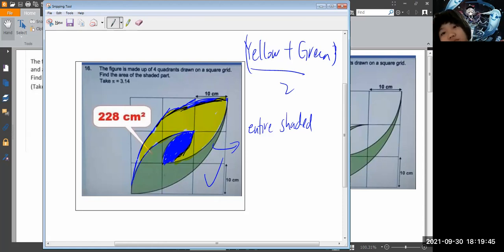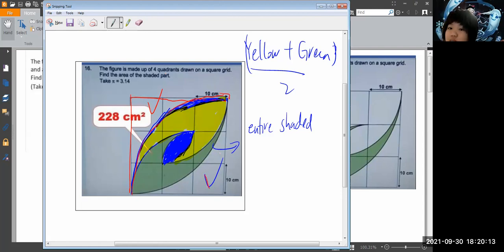What you can do is first find the quadrant, the big quadrant which is here. Let me use a different color. So find this quadrant first. Once you find the quadrant, you take the square and minus the quadrant, and you will get this empty part.